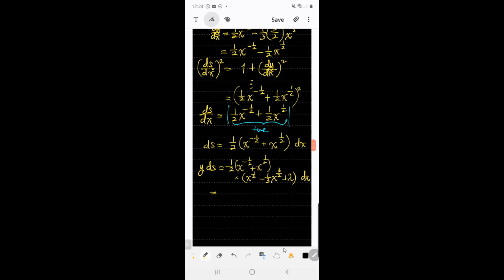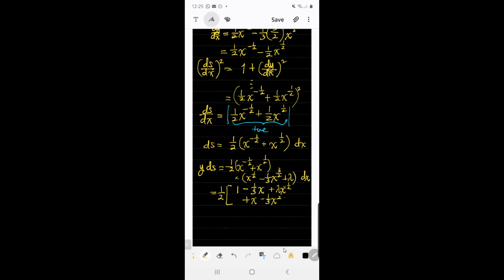Half is the constant, just put it aside. x to the power of negative half times x to the power of half gives you 1. x to the power of negative half times minus 1 over 3 x to the power of 3 over 2 gives you negative 1 over 3 x to the power of 1. Then x to the power of negative half times lambda gives you lambda x to the power of negative half. Next, x to the power of half times x to the power of half gives you positive x. Then x to the power of half times minus 1 over 3 x to the power of 3 over 2 gives you negative 1 over 3 x squared.